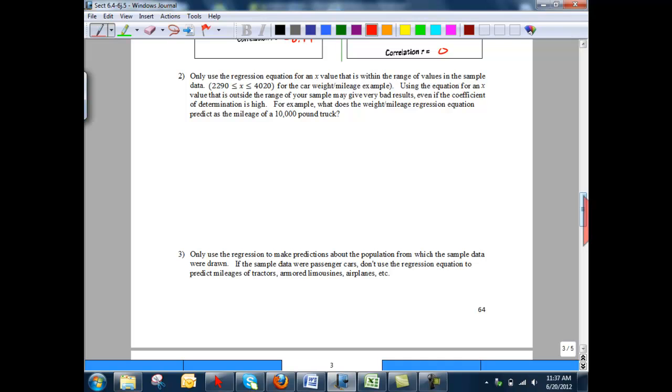Here's another caution. How about we take our regression equation and we find the gas mileage of a 10,000 pound truck, a garbage truck or something. So okay, y equals 44.2 minus 0.00708 times x, which in this case is 10,000, and we get negative 26.6 miles per gallon, which is really an amazing car that gets negative 26 miles to the gallon.